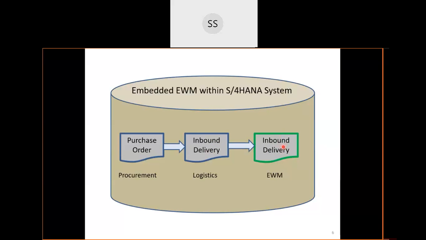Another name for this inbound delivery is the warehouse request. This warehouse request or inbound delivery is used to post goods received, to create warehouse tasks, to perform packing, unloading, and all other further activities with reference to this inbound delivery or warehouse request.